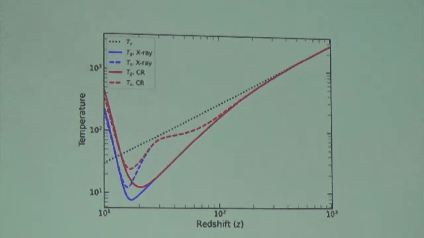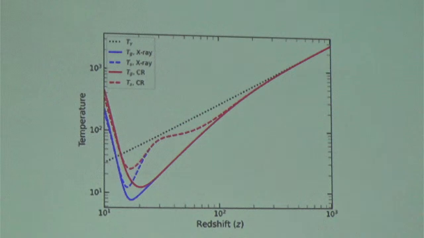But later the coupling becomes inefficient because temperature and density are both decreasing. Then radiative coupling due to the CMB photons becomes efficient, so the spin temperature catches the CMB temperature.